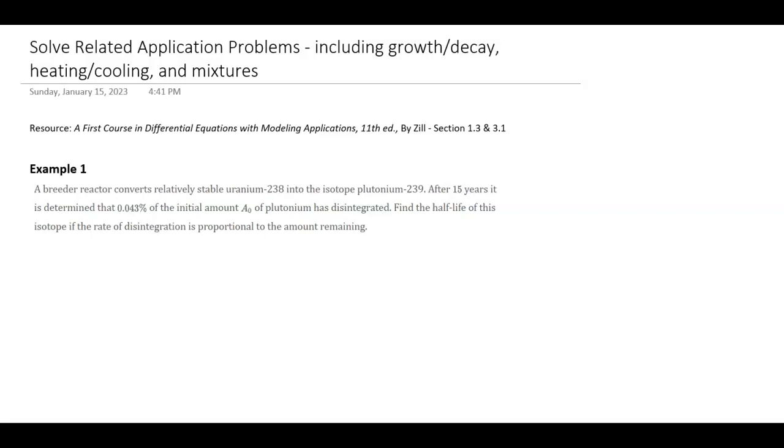So we have some plutonium and uranium that's going on here. After 15 years, it is determined that 0.043% of the initial amount has disintegrated.